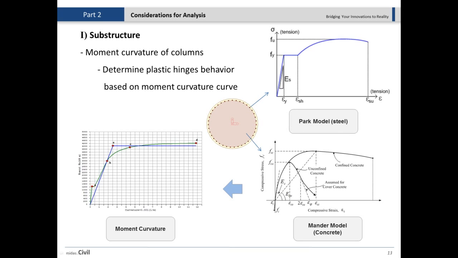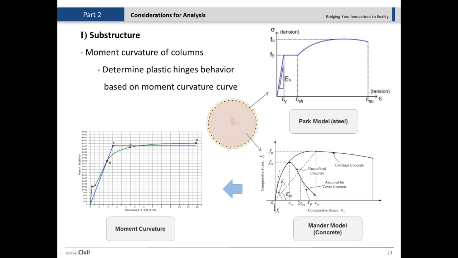For the rebar, most of the codes like AASHTO and Caltrans and other states that have seismic design criteria allow us to use the bilinear curve for the steel, elastic, perfectly plastic, so we don't consider the strain hardening part.